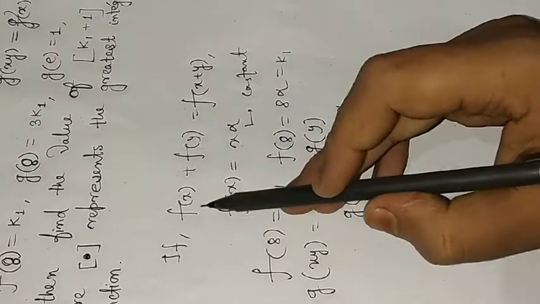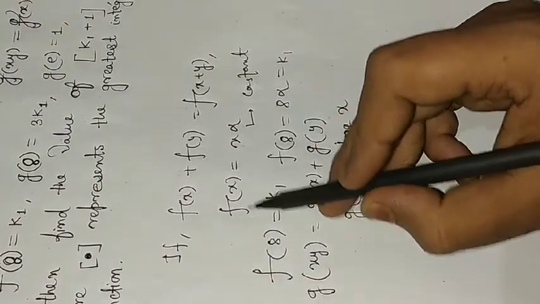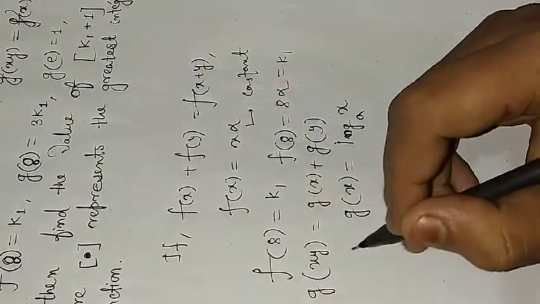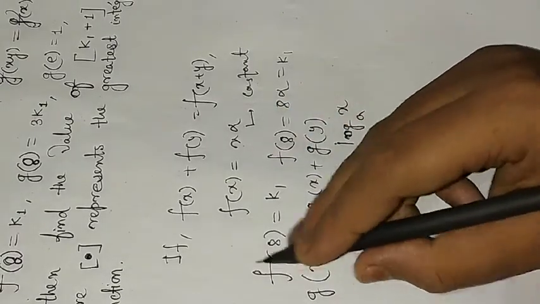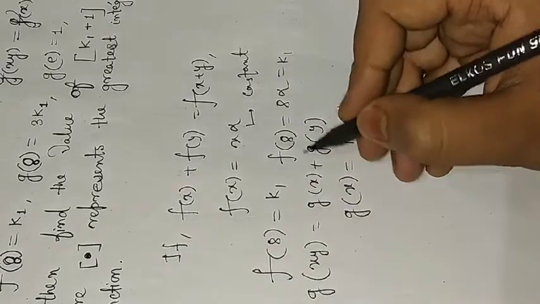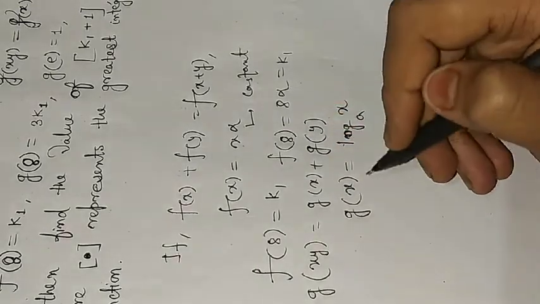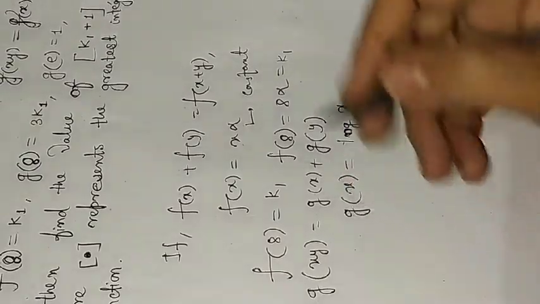So f(x) will be a linear function of x. Let's suppose f(x) = xα, and it is given in the question that f(8) = k1. So we can just put in the value. We get f(8) = 8α, which equals k1.